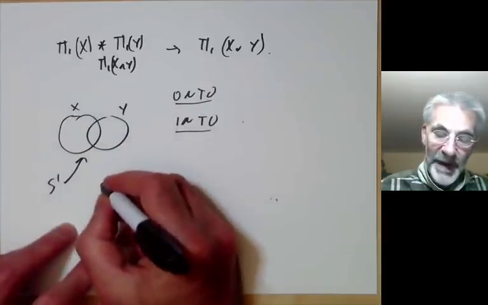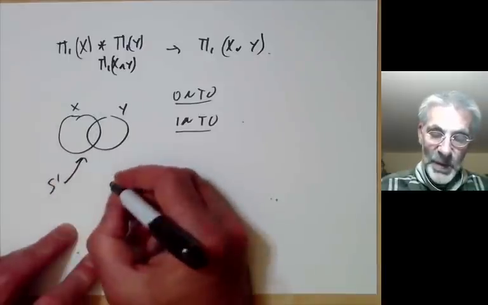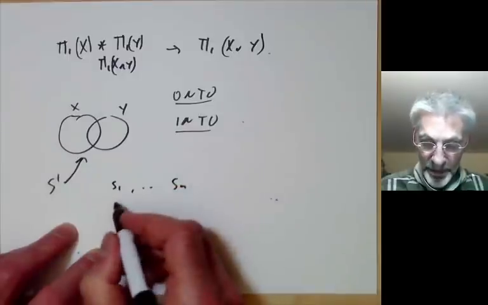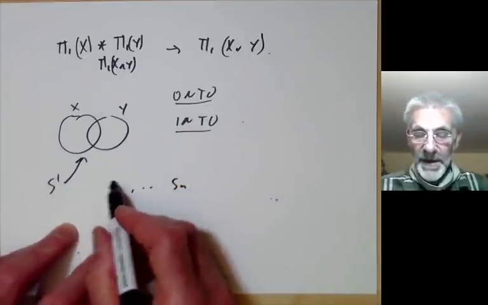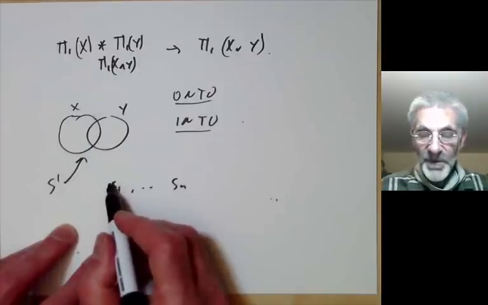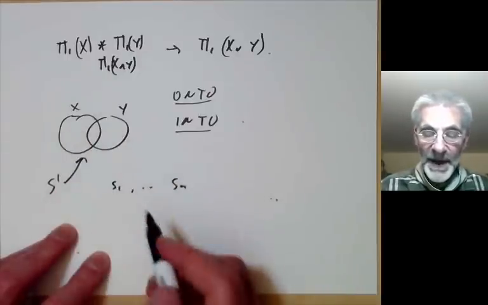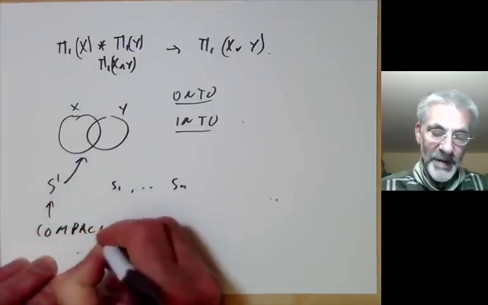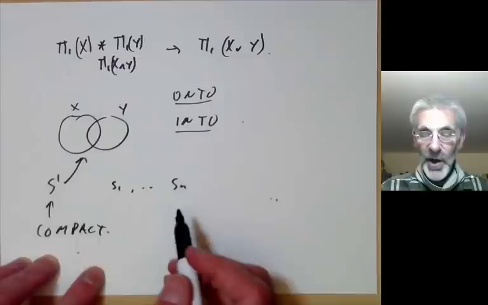So we can find a finite number of points of S1, say s1 up to sn, such that S1 is covered by neighbourhoods of these points, and each neighbourhood is either in X or Y, and that follows because S1 is compact. So we're using the fact that S1 is compact and X and Y are open.